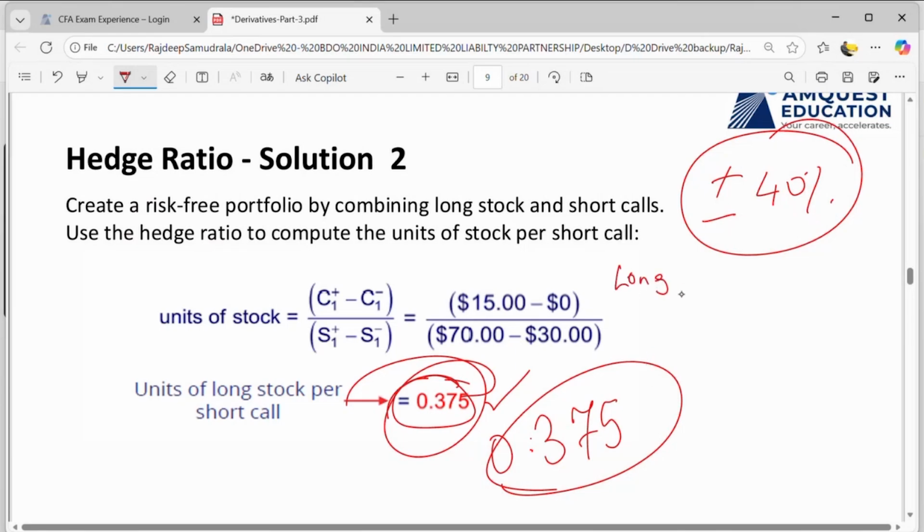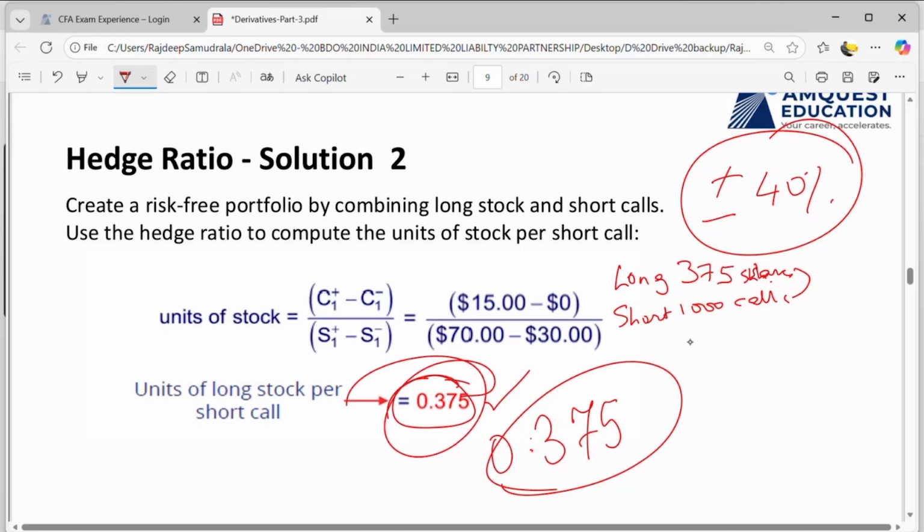I went long 0.375 units of stock. I have to go long per short. So look here. I'm saying I went long 375 shares and I shorted 1000 calls. Right or wrong? So this ratio is 0.375 to 1.